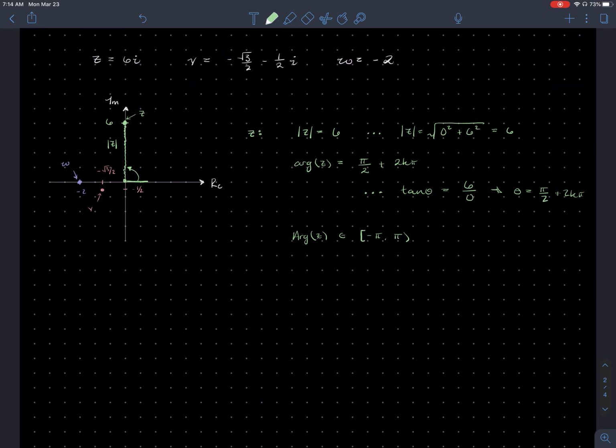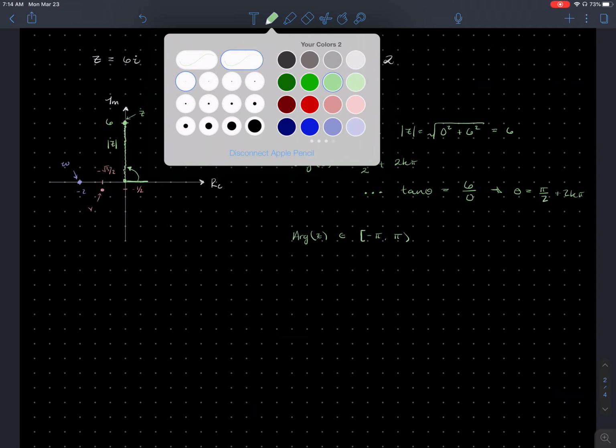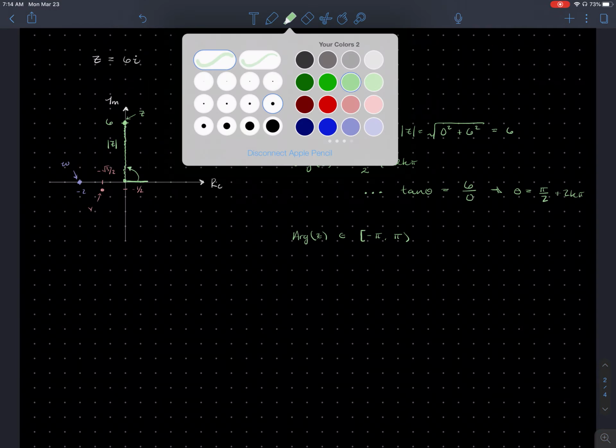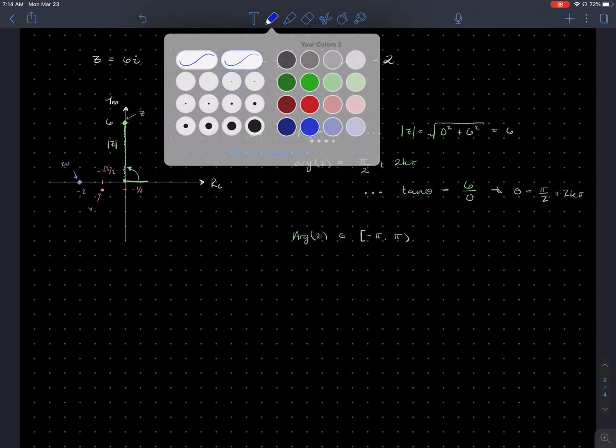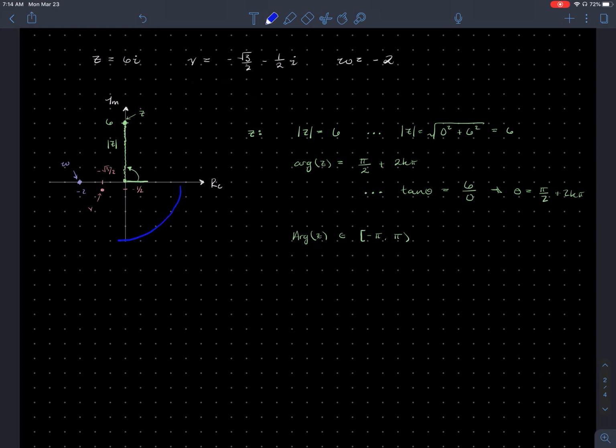So we want to be on this interval from negative pi to pi.